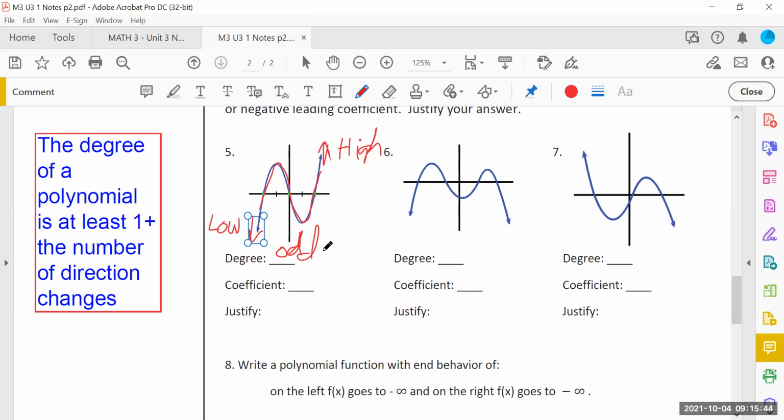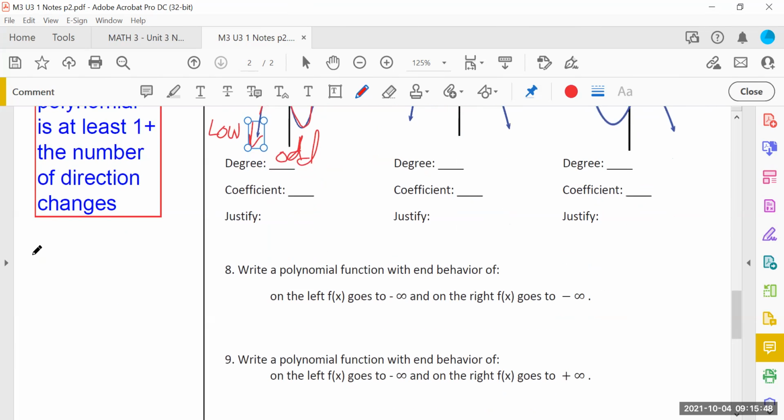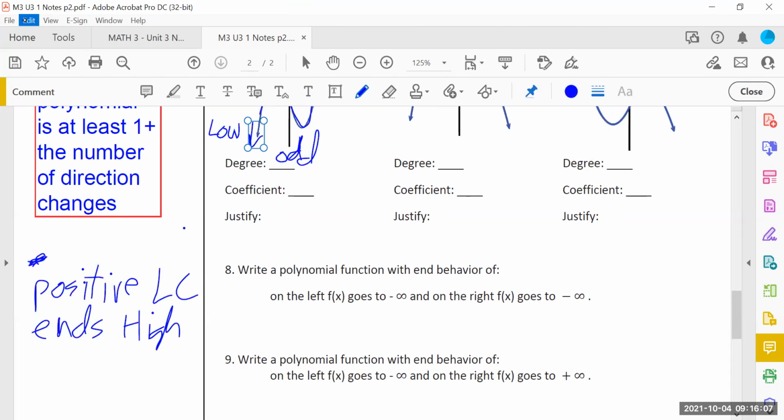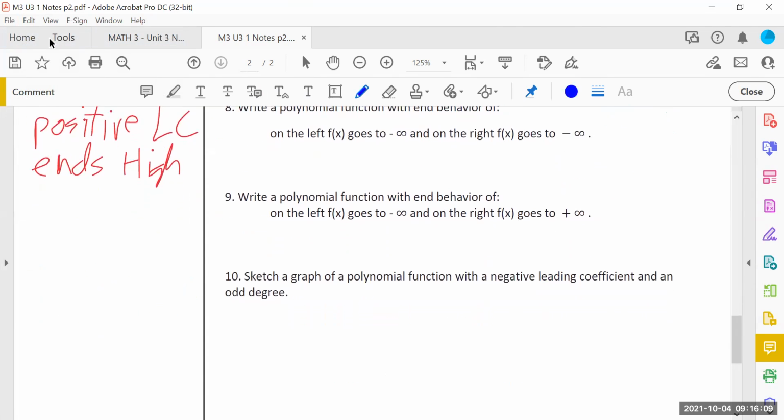If it ends high, it's positive. You can put that down over here. Let's say positive LC ends high. Negative LC ends low.